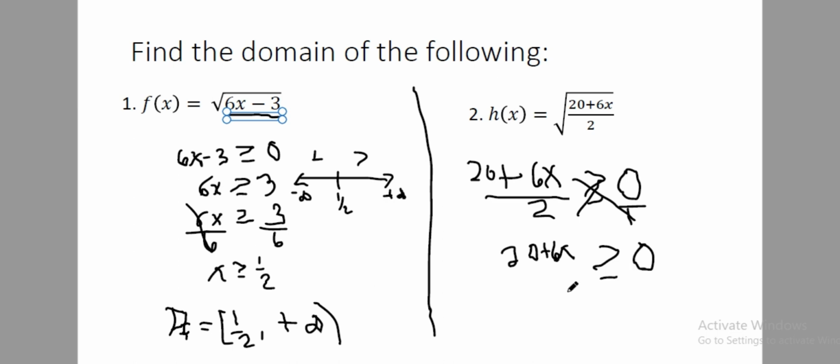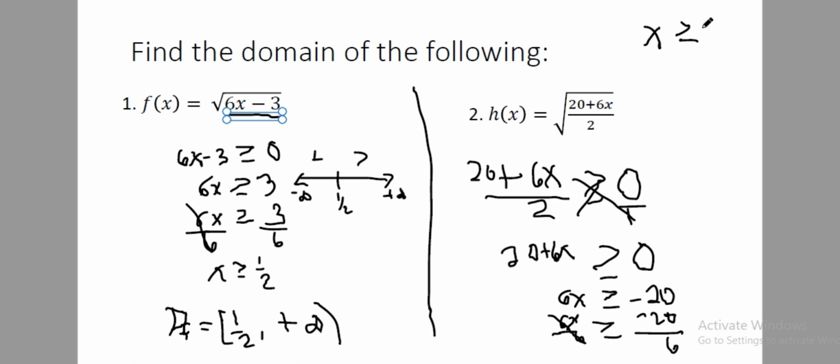Do the algebra again. For 6x, I will transpose 20, so we have negative 20. Then divide both sides by 6. So x is greater than or equal to negative 20 over 6.